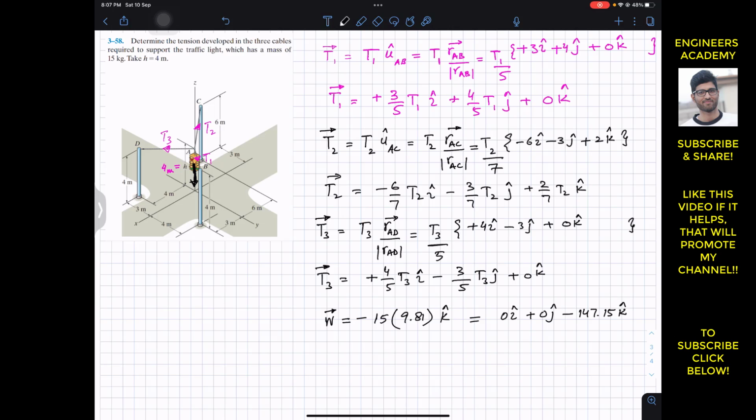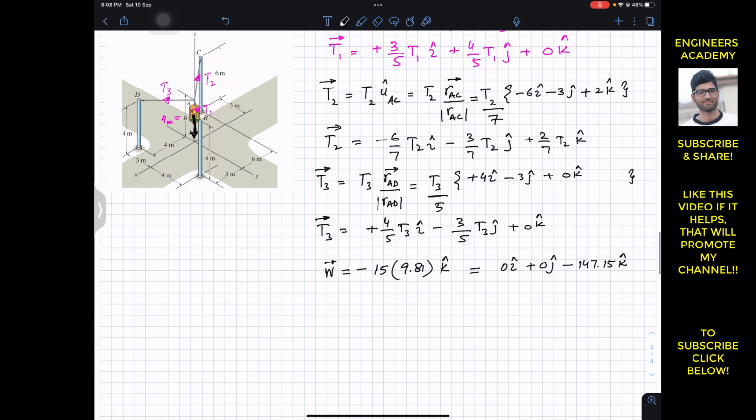So now since the traffic light is in equilibrium, the sum of the forces along x, y and z must be equal to 0. So we need to apply the summation of forces along x equals 0. So we need to add up all the i components of T1, T2 and T3.